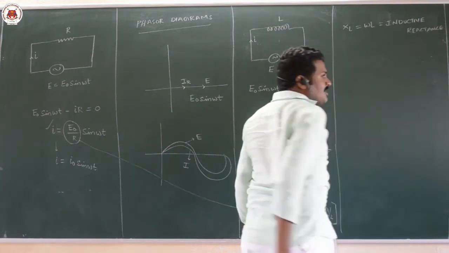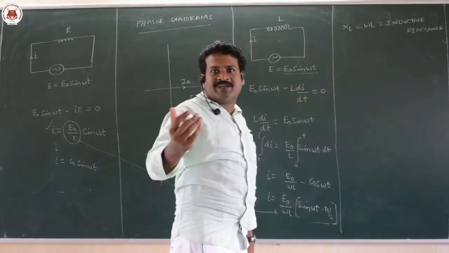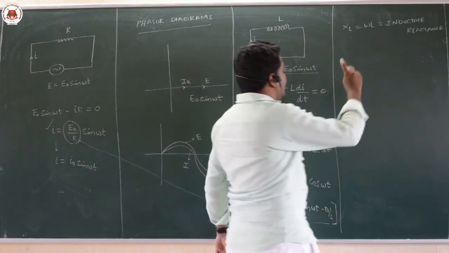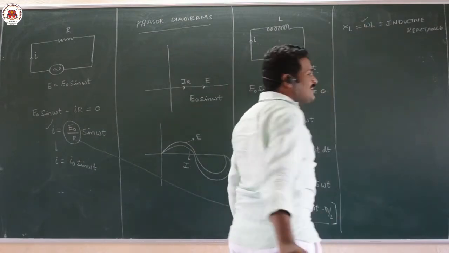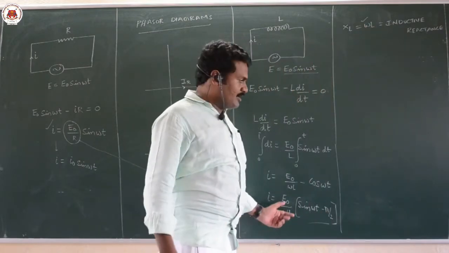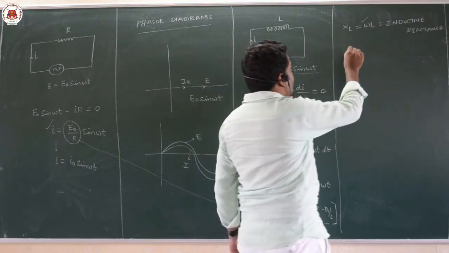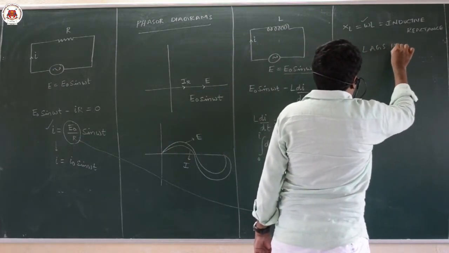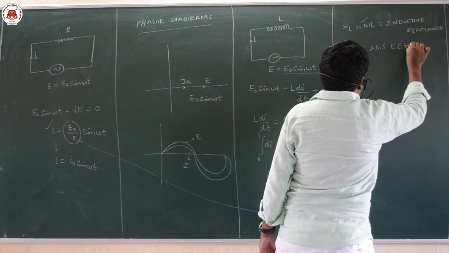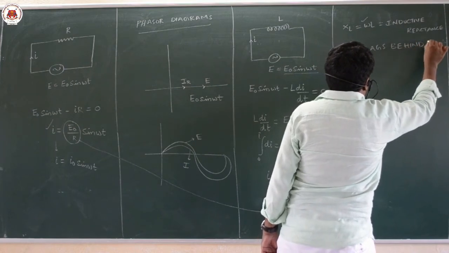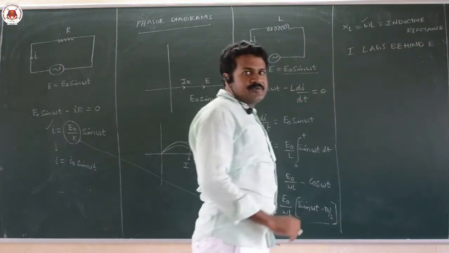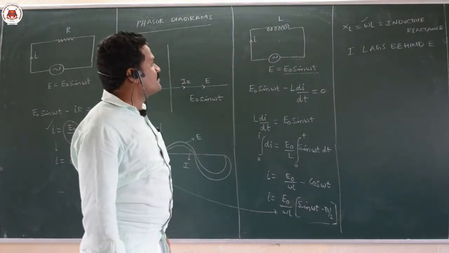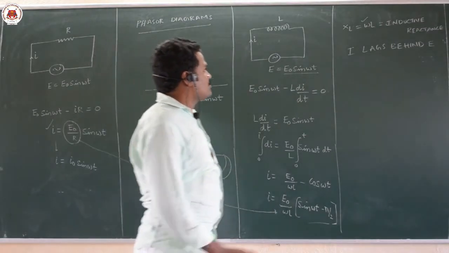An inductor acts like a normal wire when it is connected to direct current. When it is connected to alternating current, it acts like a wire of reactance omega L. And in this case, current lags behind EMF. This is how an inductor behaves when it is applied to an alternating source of current.